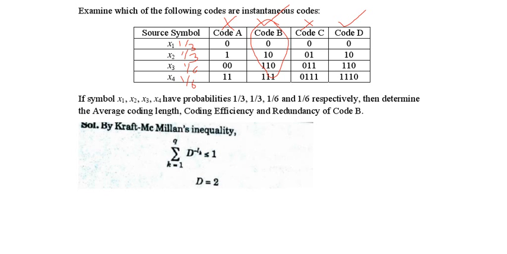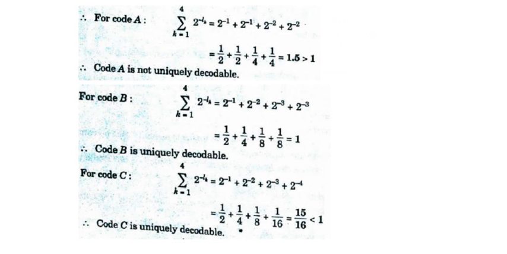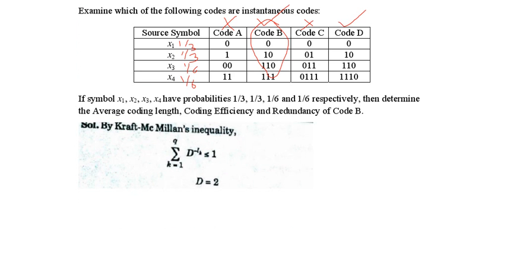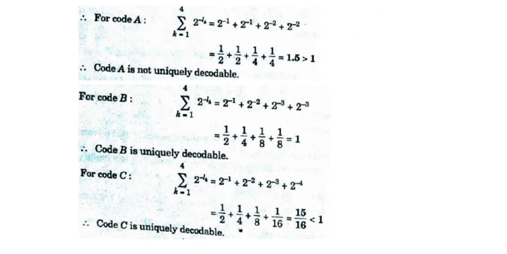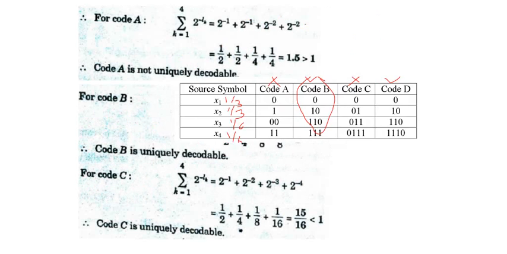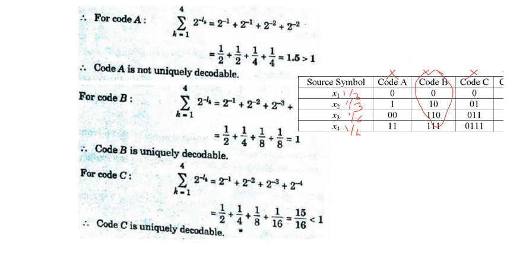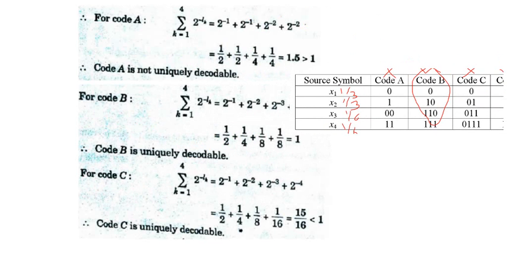So coming to code A, the code word lengths are 1 1 2 2.